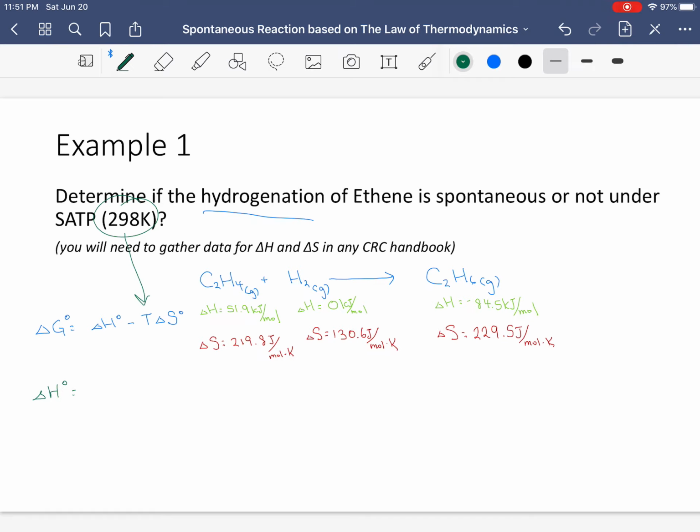The good thing here is that the molar ratio is 1 to 1 to 1, so you don't have to worry much about that. Let's calculate this together.